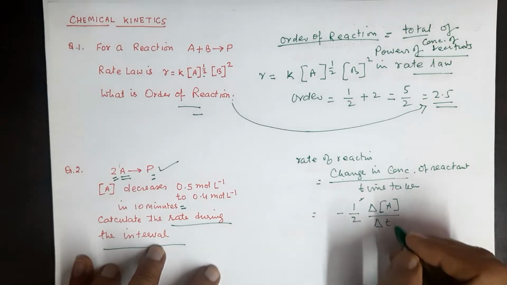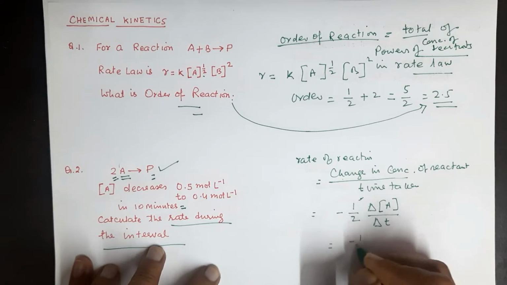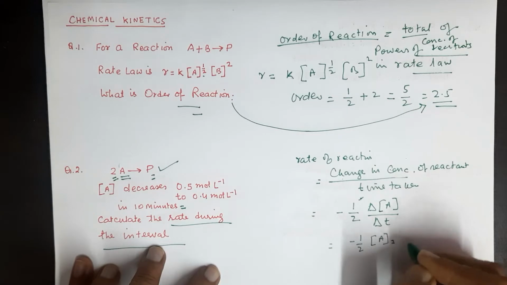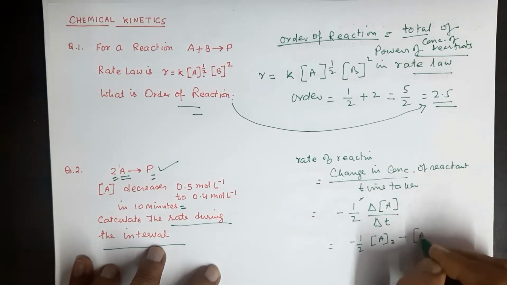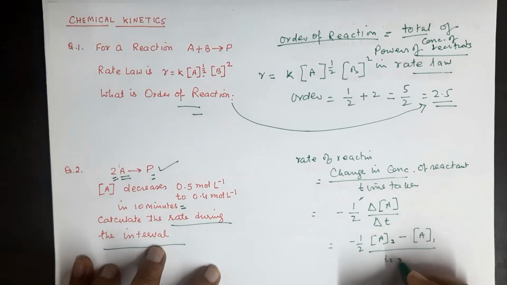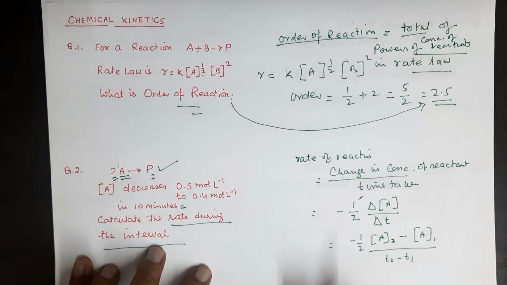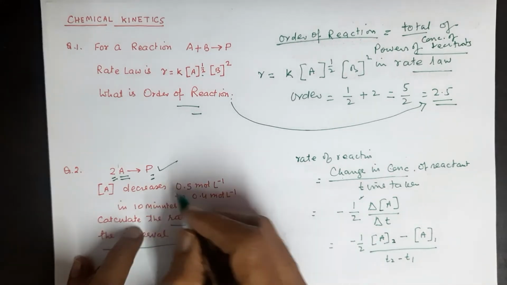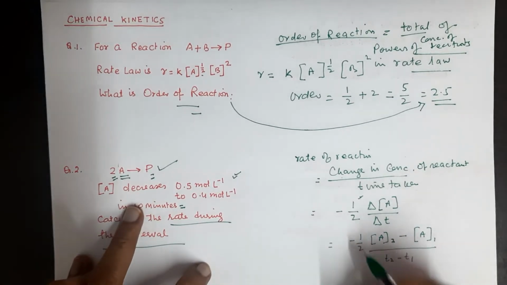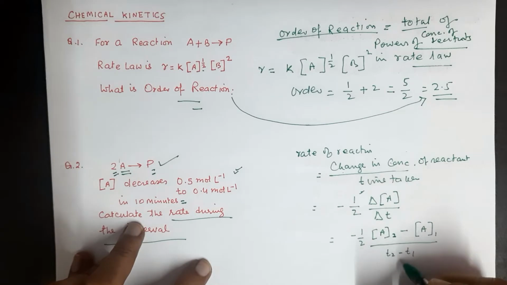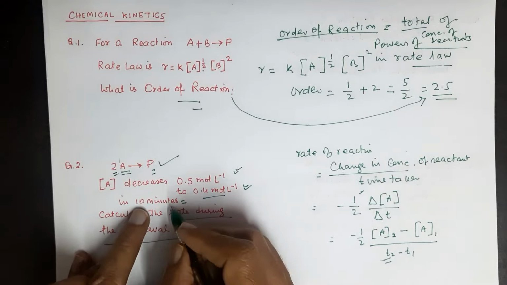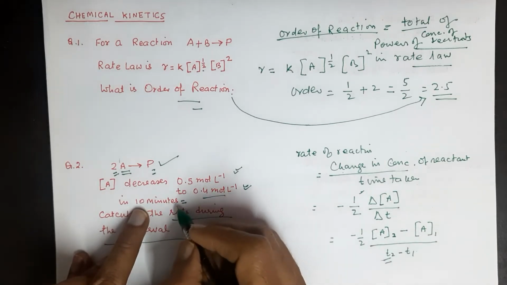So it will be multiplied by half. And this will become minus half, final concentration minus initial concentration, divided by T2 minus T1. See, at T1 the concentration of A is 0.5 mole per liter, and at T2 the concentration becomes 0.4 mole per liter, and time T2 minus T1 is 10 minutes.